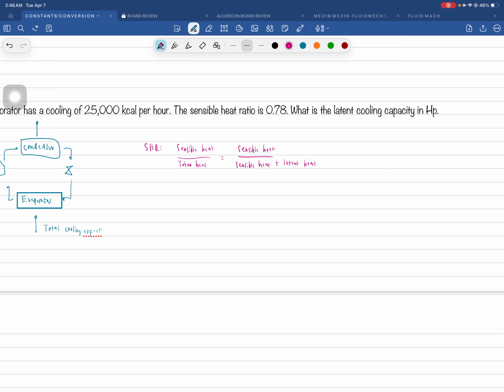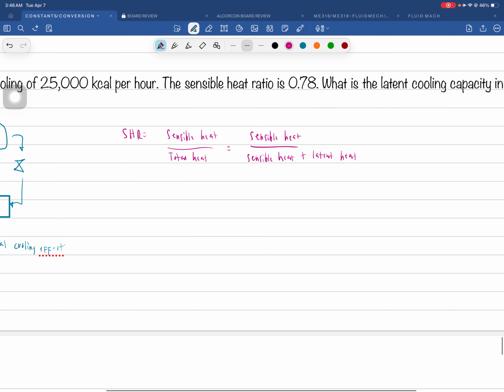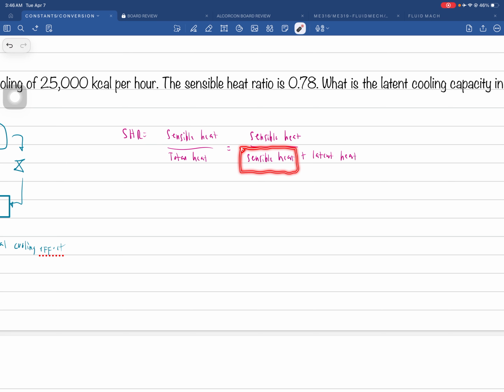So what else can we do, no? Remember, when we say sensible heat, this is where the equation mCpDT comes in, no? This is where the change in temperature comes in. Say you have your air, either you cool it or you heat the air, say from 50 to 40. Regarding pag may temperature change, it is in sensible heat.